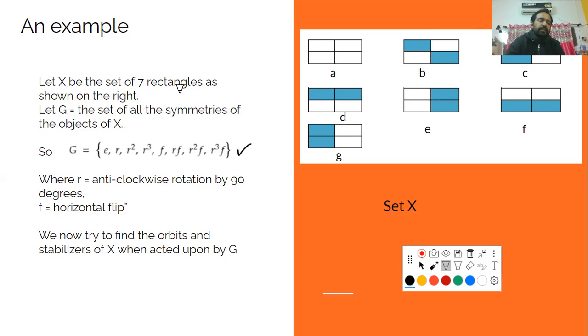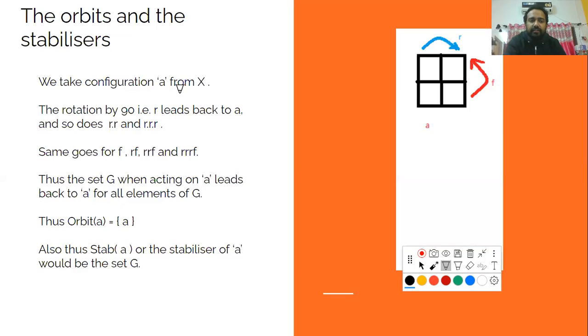We now try to find the orbits and stabilizers of X. We take the configuration A, and we apply all the actions of the group G on A. And we will see that the only element that it leads to is A, because there is no color here. All the 4 subrectangles are white.